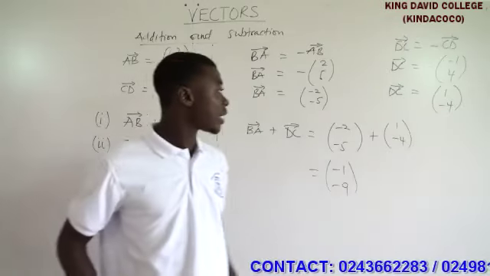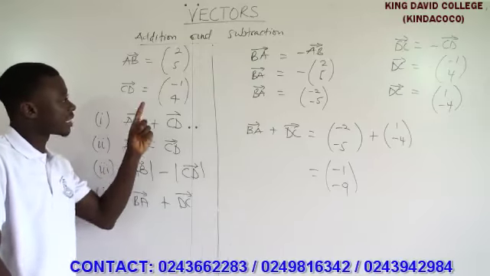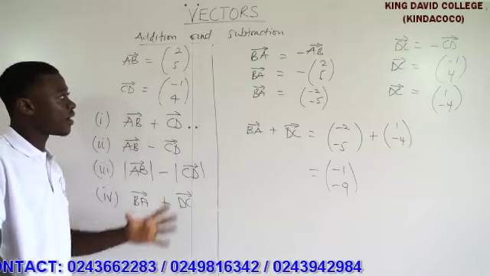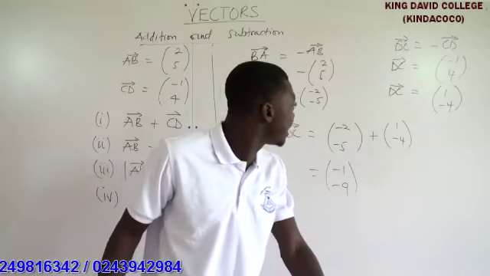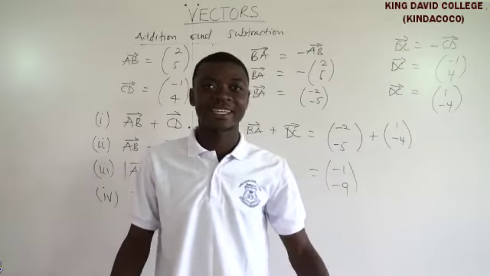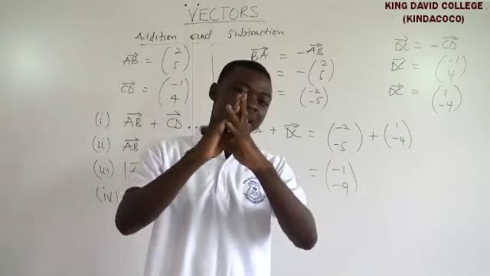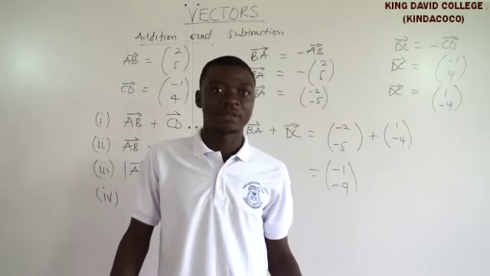So that's why I want to introduce you to the concept of addition and subtraction of vectors. So if you have been given any vector you need to add, it shouldn't be any serious stuff. It's very simple. Pick the x's, add them, sum them, and all those things. Right.